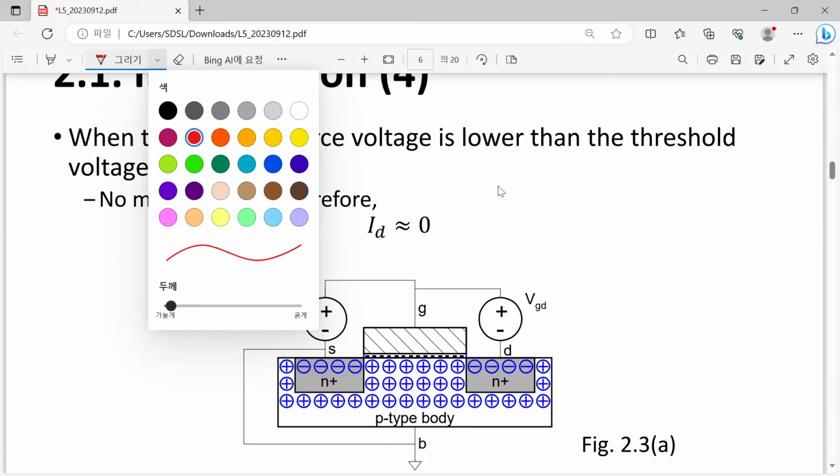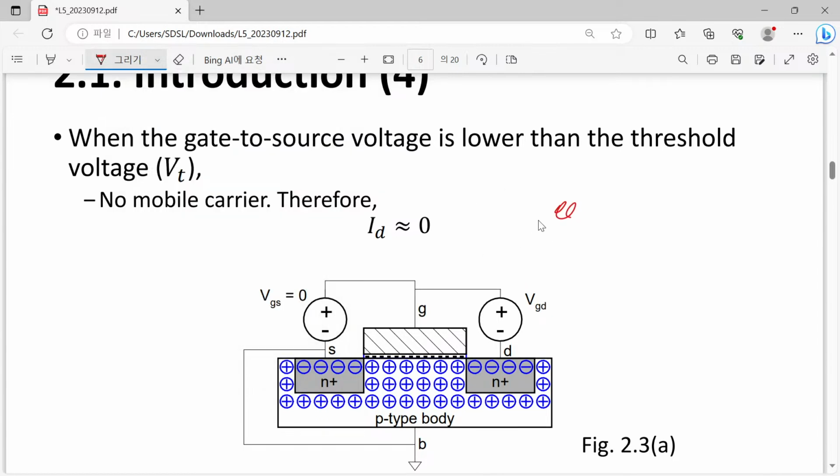The simplest one, however, in reality very important, is subthreshold.